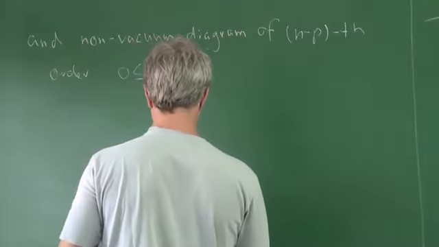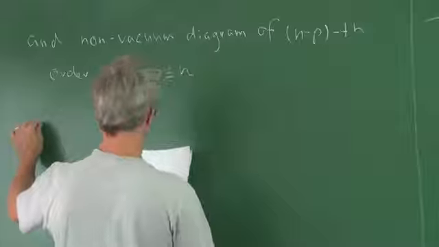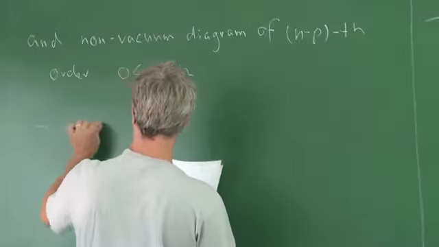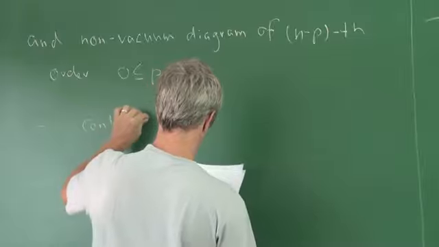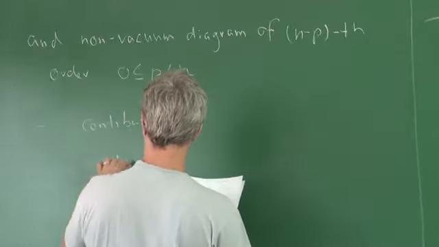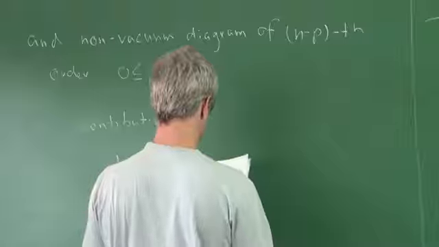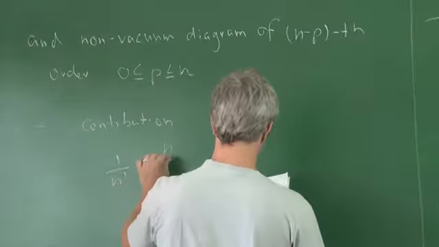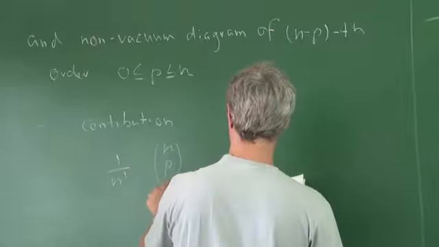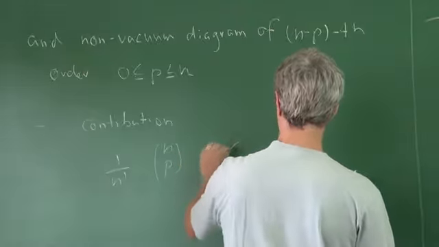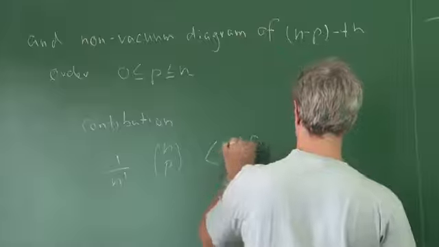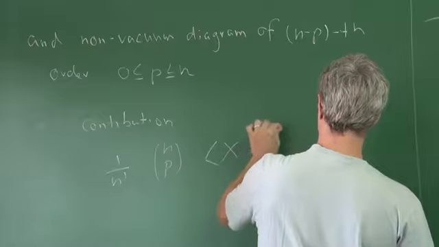So this means that the nth order contribution will look like 1 over n factorial, then a combinatorial factor that I will comment on, and then I just write in formulas what we said.